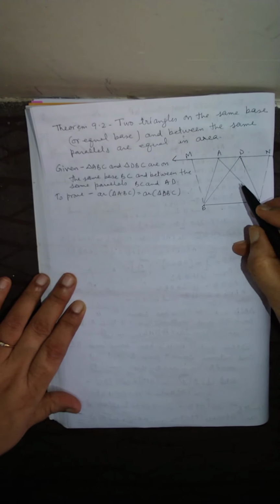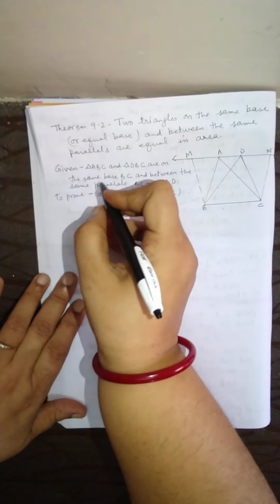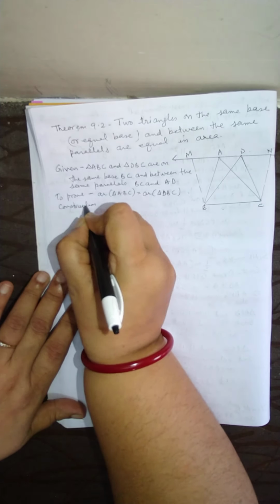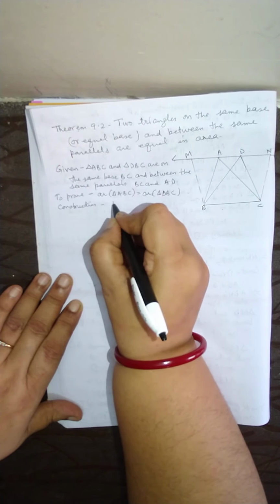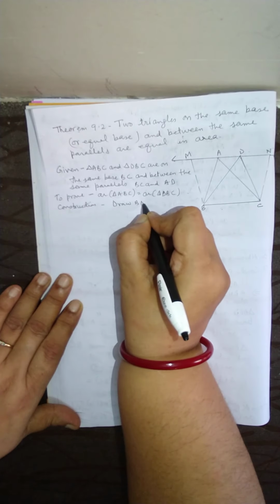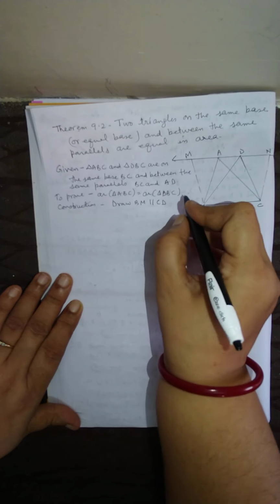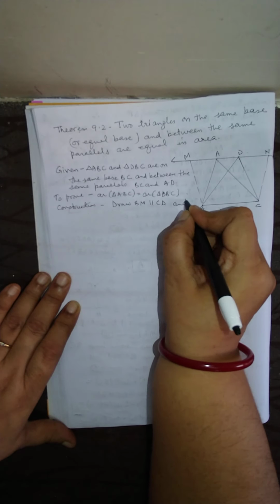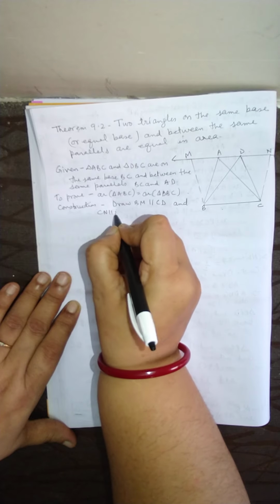So for this we have to do the construction. The construction is draw CN parallel to AB and BM parallel to CD. So here construction is draw BM parallel to CD and CN parallel to AB.